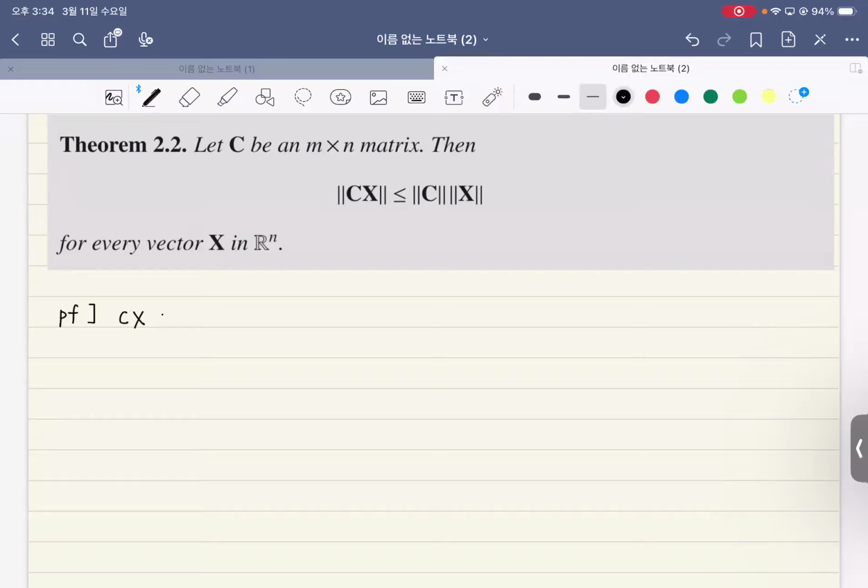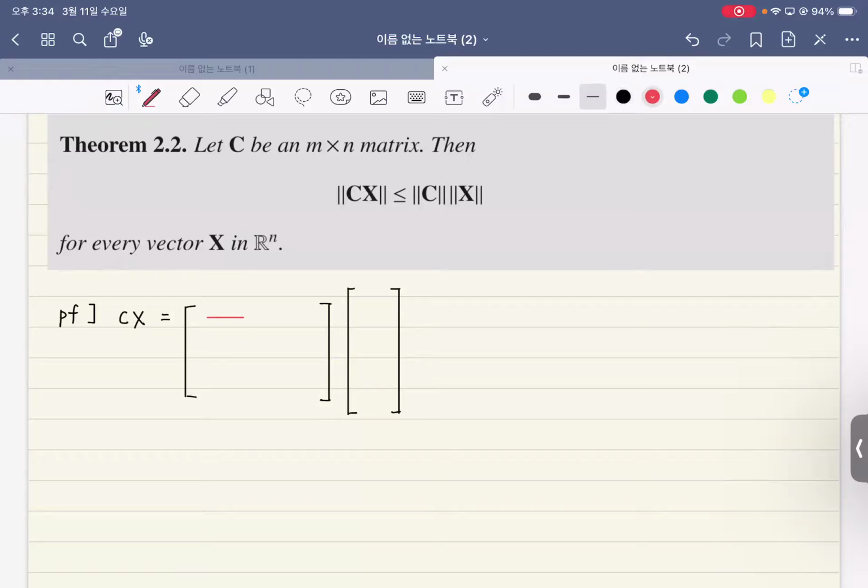C is an n by n matrix, times an n by 1 column vector. So, at least dimension-wise, the matrices involved in this computation look like this.